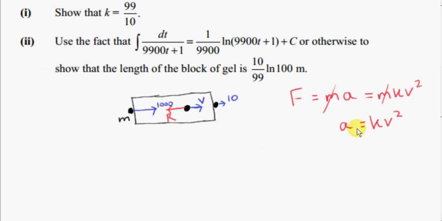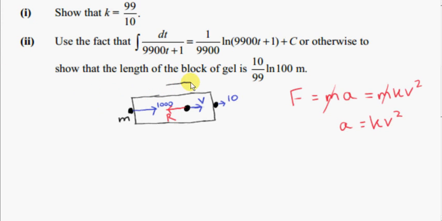Now it's important to point out that what we have here is the magnitude of the acceleration. I said the magnitude of the resultant force is mass times the magnitude of the acceleration. Now we really have to bring in the fact that we're dealing with vectors here. So the direction of the acceleration is very important. The direction of the resultant force is to the left. So it's actually negative if we take directions to the left as being negative, which we usually do.